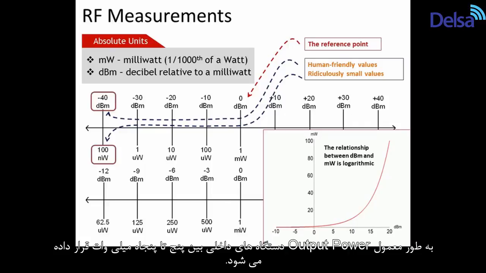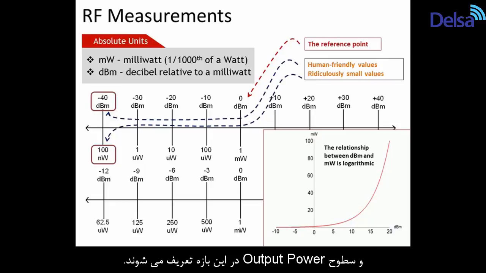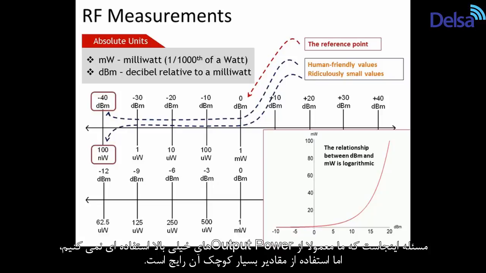Usually we're looking at milliwatts in indoor wireless LANs at a range somewhere between 5 and 50 milliwatts of output power. So these are the actual power levels in milliwatts. Now, the issue is that we don't use very high output power levels, but we do use very low output power levels, or at least very low received power levels.